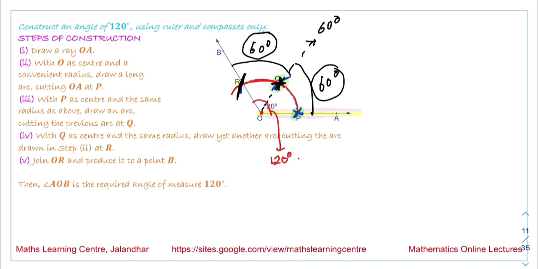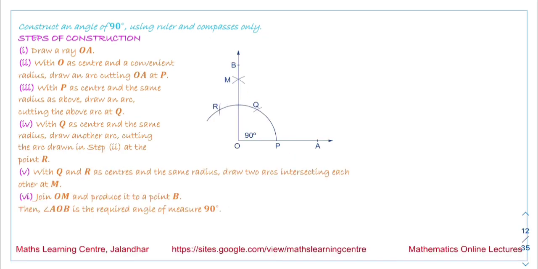Now the next construction we have is to construct the 90 degree angle. To construct a 90 degree angle, we know how to construct a 60 degree angle and a 120 degree angle. So we are going to construct the 120 degree angle first.